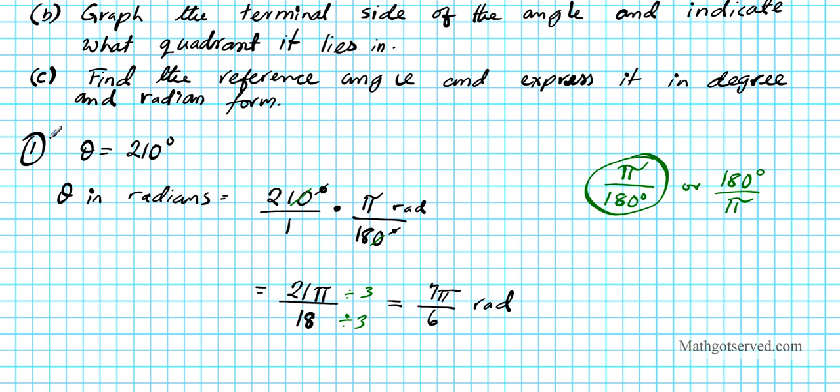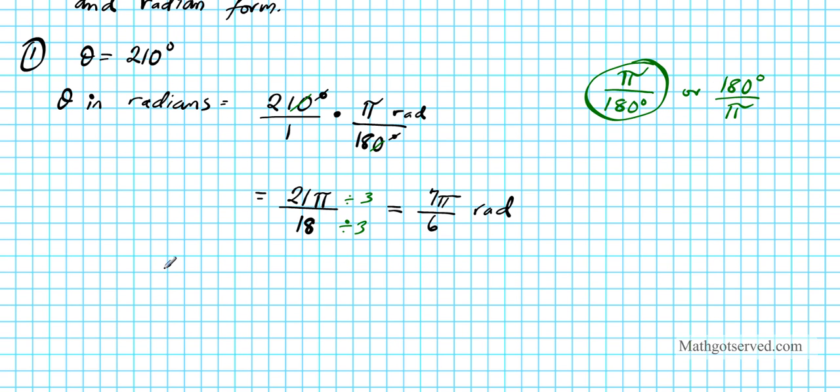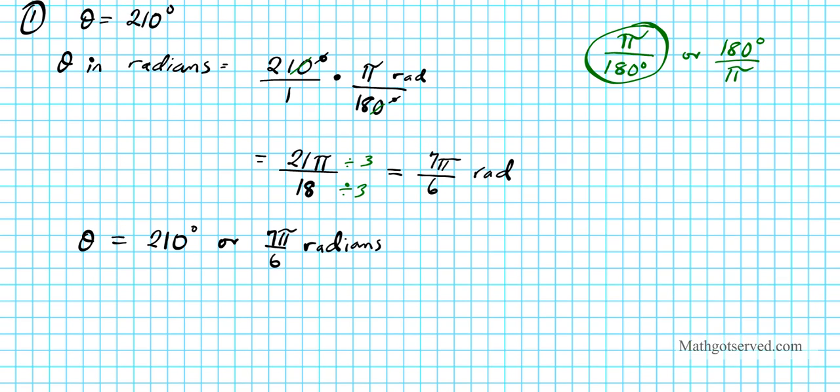So the angle theta is 210 degrees or 7 pi over 6 radians. That's the answer to the first part.